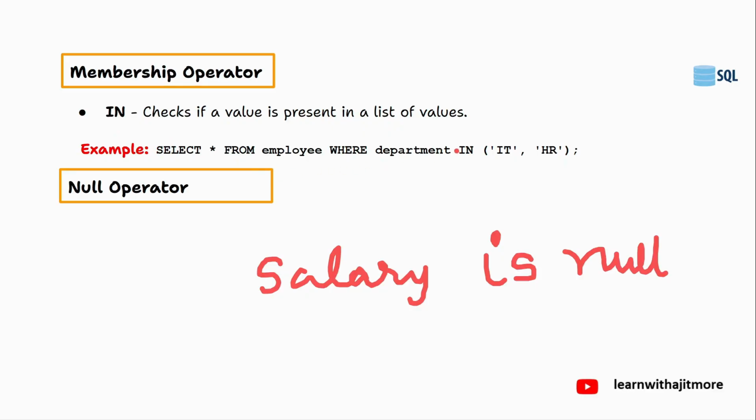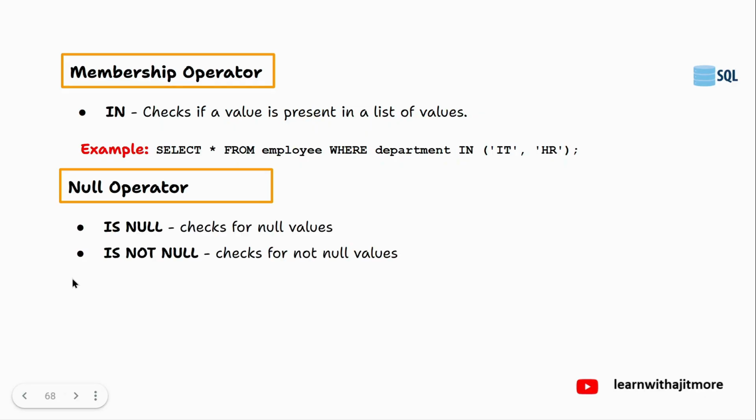Same way, is null and is not null. So you're comparing whether salary is null. If the salary is null, that record will get filtered. But you have to remember that any column value, you cannot directly compare to null by equal to.